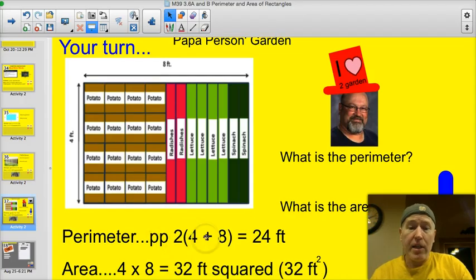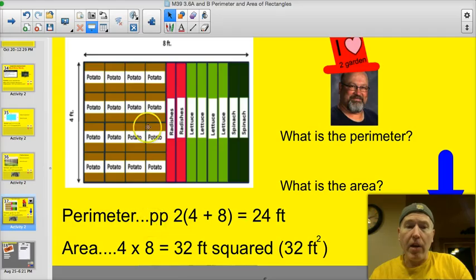But look at the way I did this. I took 4 plus 8, put it in parentheses, multiplied it by 2. Kind of clever. Sometimes I do that in my head. I just go 12 times 2, 24 feet. Don't try that at home. Just kidding. It's pretty simple. All right, and then the area, you just multiply those two together for a total of 32 feet squared.